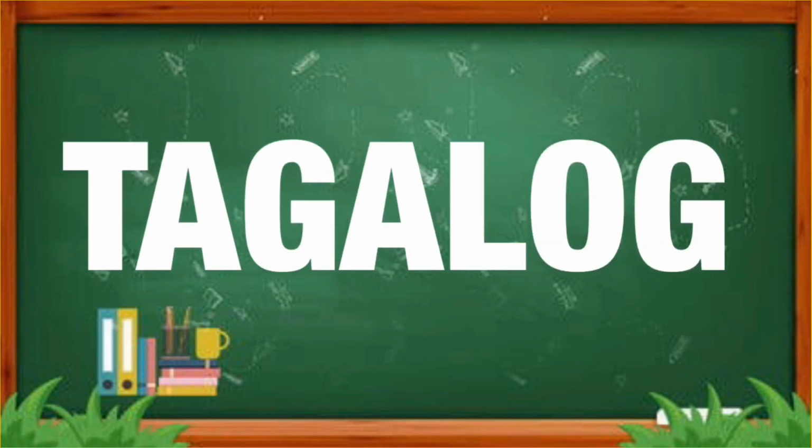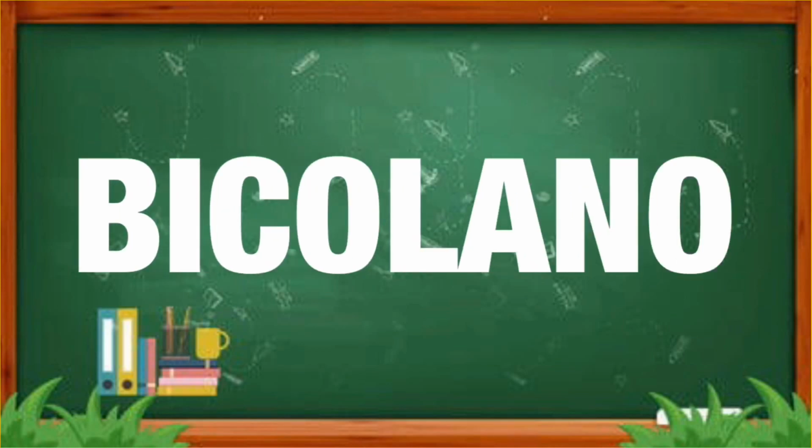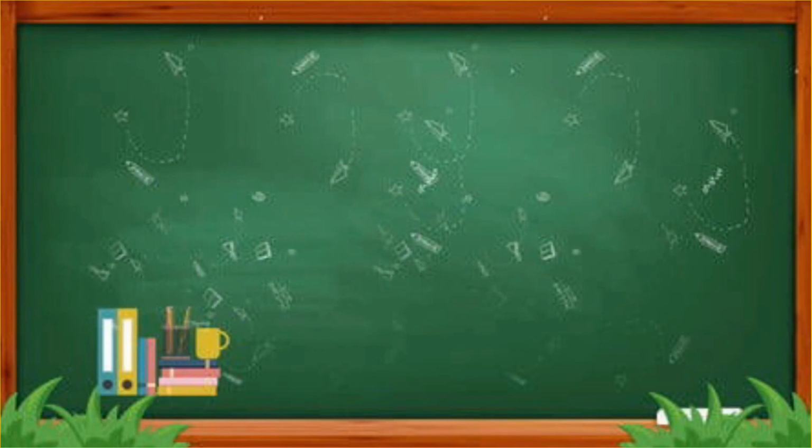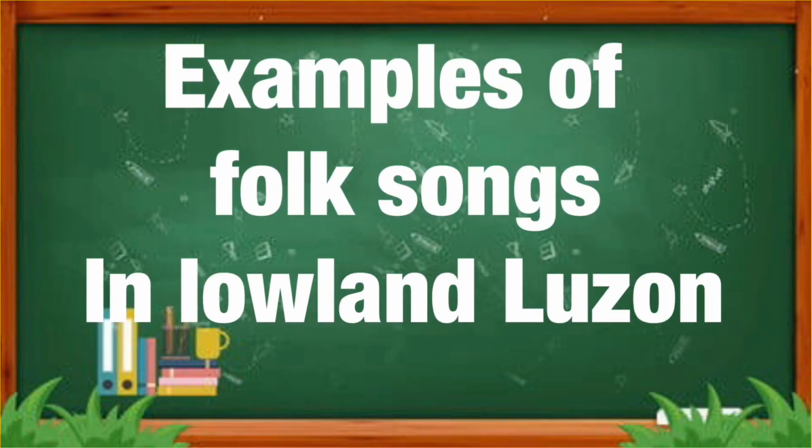For the Tagalog folk songs, examples are Magtanim ay Biro, Bahay Kubo, Leron Leron Sinta, Sit-sirit-sit, and Paru-parong Bukid. For Bicolano, we only have one, the Sarung Banggi. All of those examples can be seen in your module.